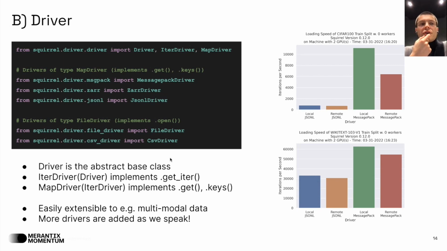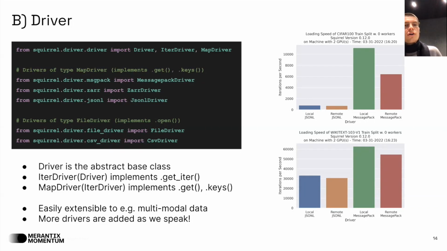So let's move on to the second part of this Squirrel project, which is the driver. The driver is another key component, which, as I said, fetches your data from the disk, essentially. So you would usually select one of the drivers. Usually you go between the MessagePack driver or the JSONL driver.